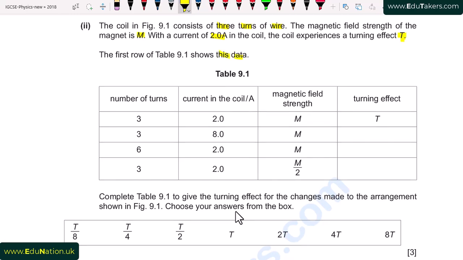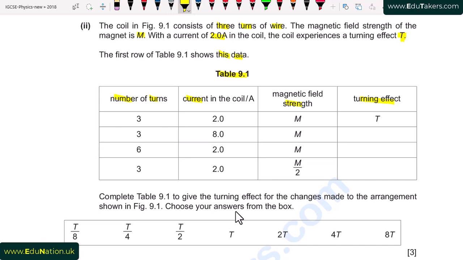So first of all, here is table 9.1. We can see number of turns, the current passing through the coil, magnetic field strength and turning effect. When number of turns is 3, the current passing through the coil is 2 ampere, and the magnetic field strength is M, so the turning effect will be T.